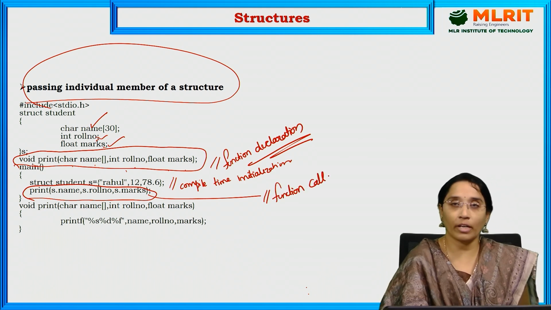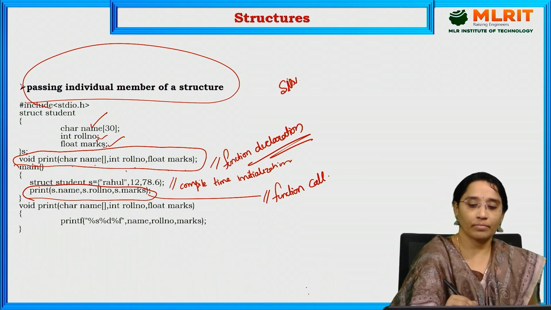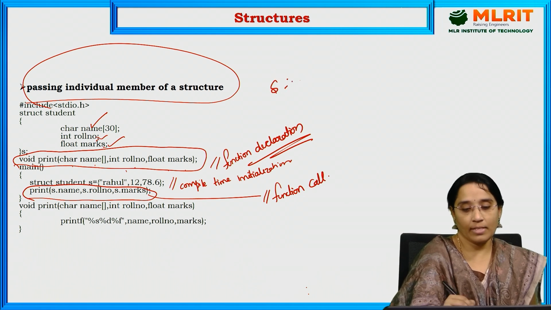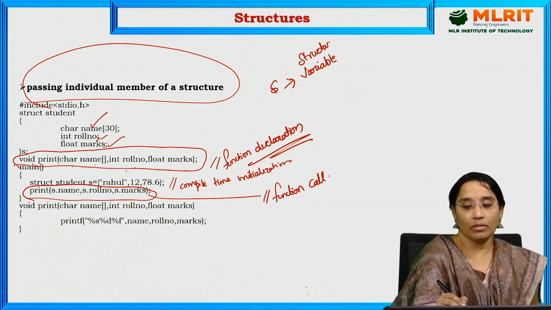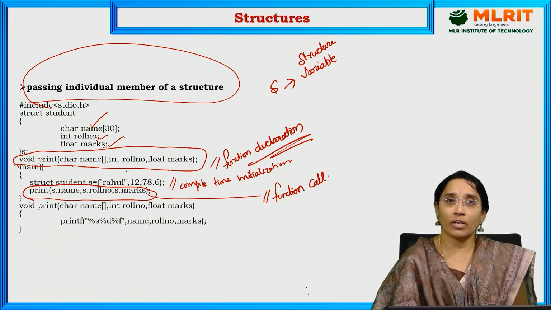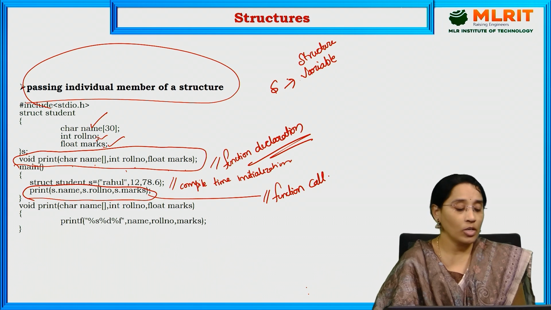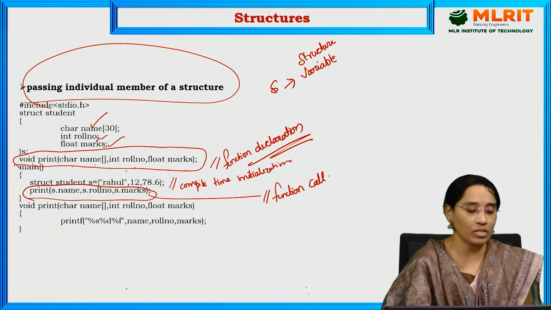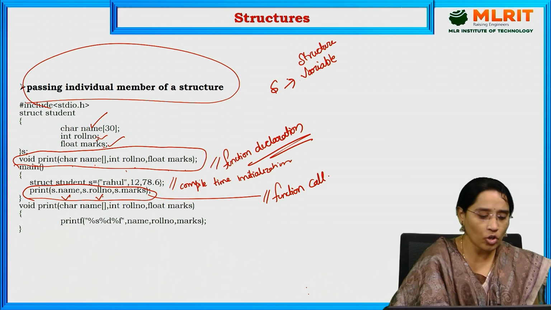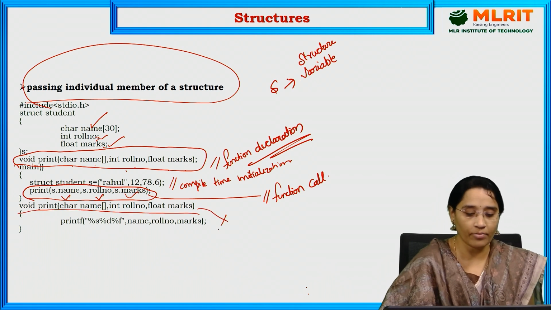In the function call, what will I pass? s is the variable, the structure variable, and that you will pass as parameters. The function call syntax is the function name and the list of parameters. Here the parameters are the members of the structure: s.name, s.rollnumber and s.marks. Those are the parameters you pass in the function call. Next, this is your function definition part.